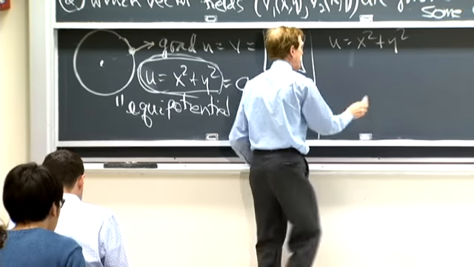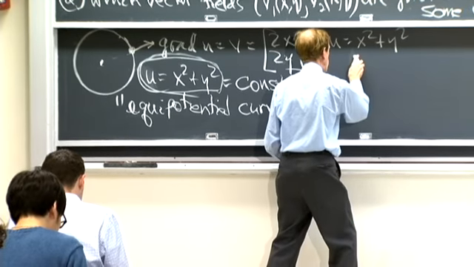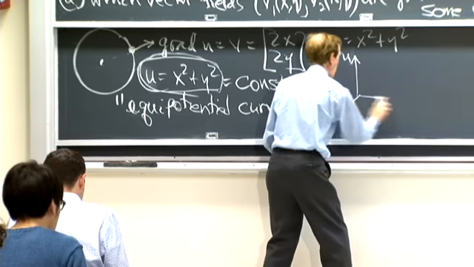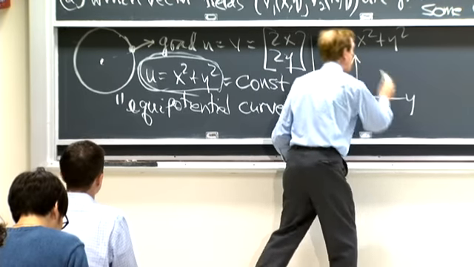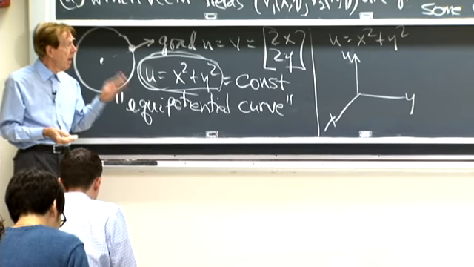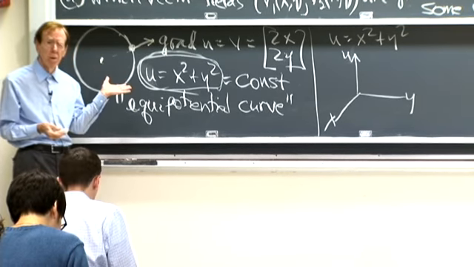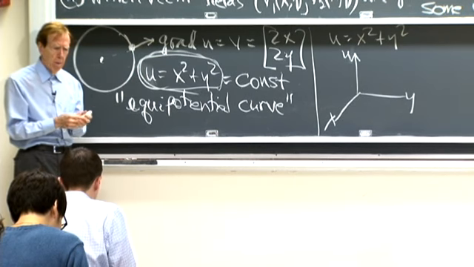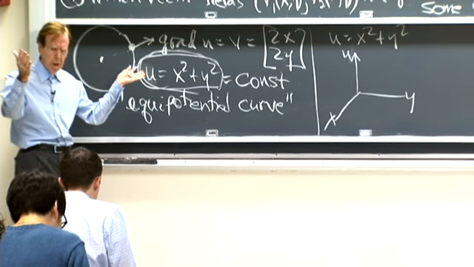So the 3D picture is the picture of the whole surface, u going up, x and y going around. What kind of a surface do I have for that function x squared plus y squared? Well, it grows, right?